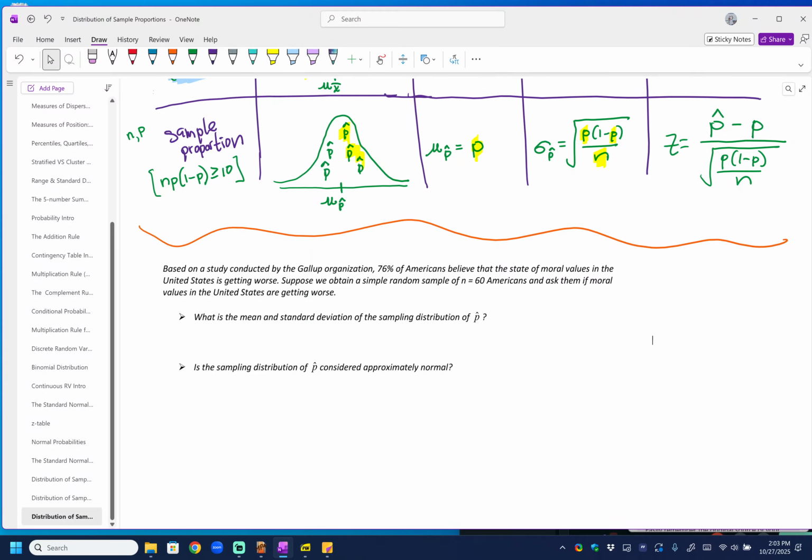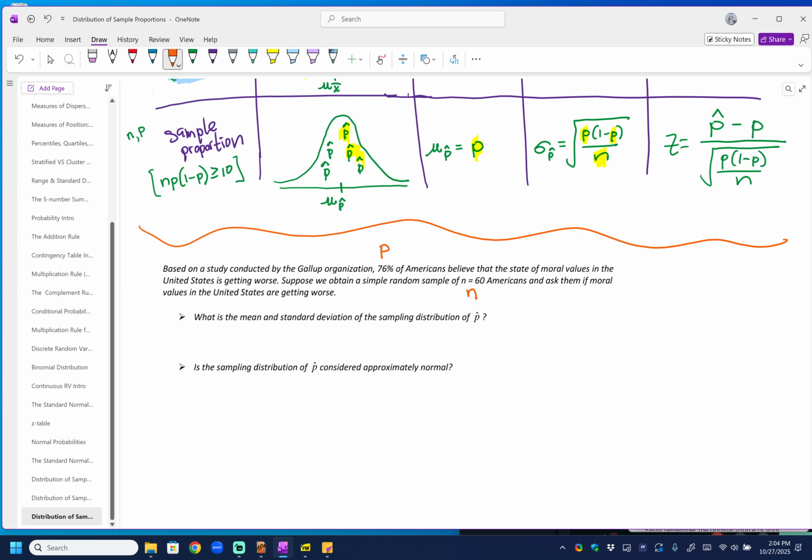Okay, so before we get started, let's look at the given information. What did they tell us? They said 76% of Americans believe the state of moral values is getting worse. So it's saying of Americans, it's not saying of a sample. So we already know that this is p. It also had a sample of n equals 60 Americans.